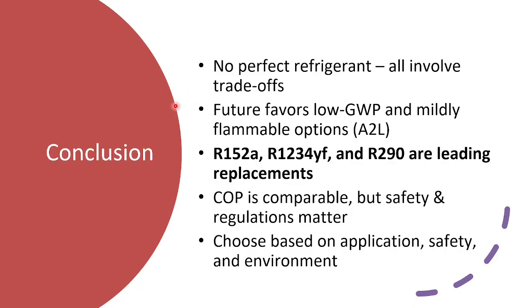The future favors the low GWP or mildly flammable A2L options like R152A or R1234YF. COPs are comparable across the board from our simulation, which makes environmental impact and safety regulation the deciders. You have to choose the refrigerant based on your application, its safety level, and its environment.